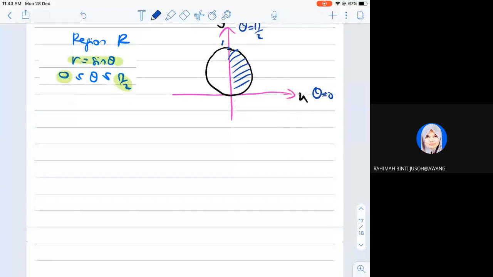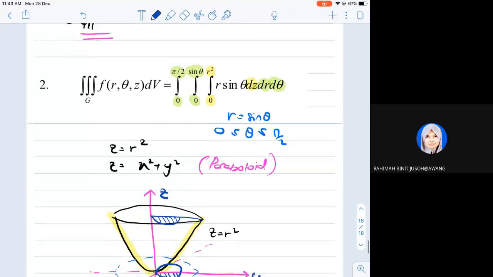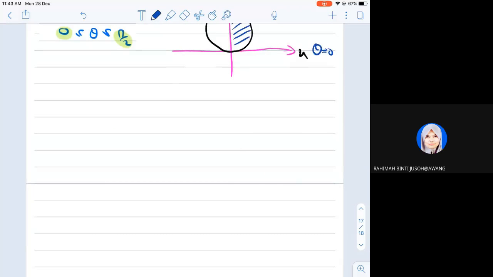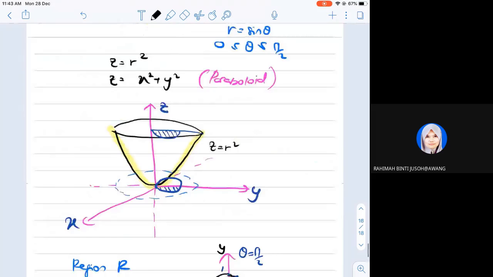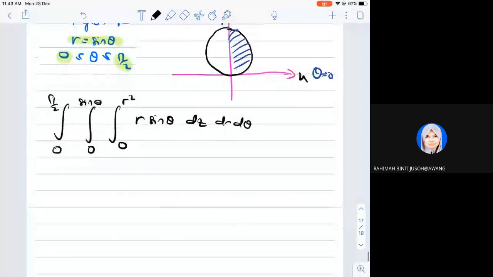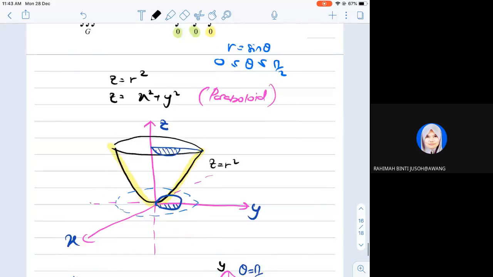Okay, so now let us proceed with the calculation lah. 0 pi over 2. Betul ke? Sin theta, yes.